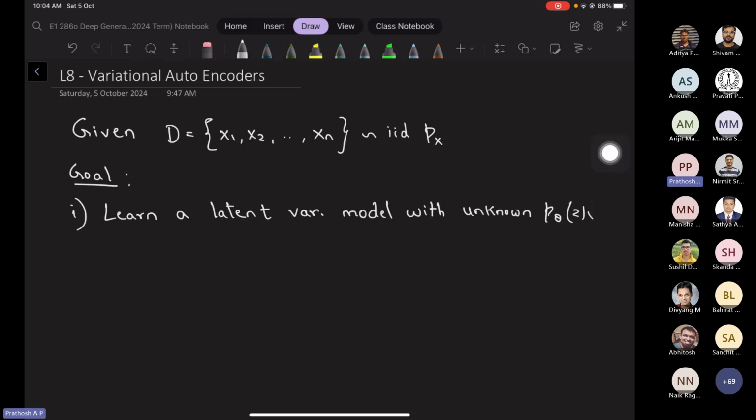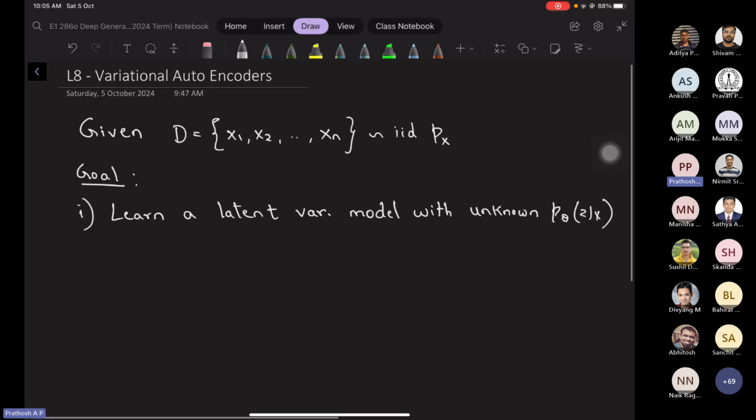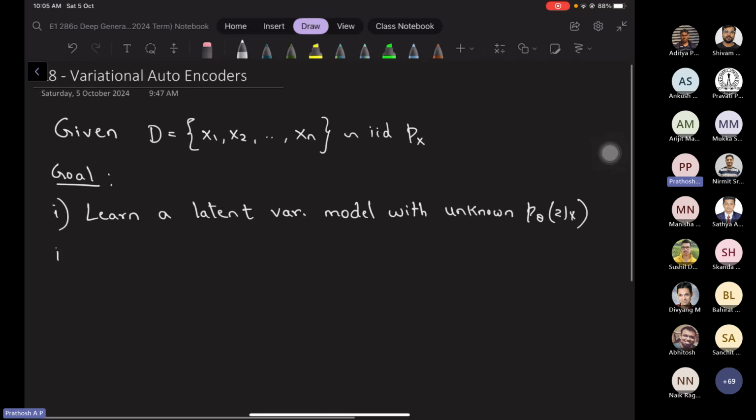This is what makes it different from EM. If you read the introduction of that paper, they say that because P theta of z given x is unknown, we want an alternative method. In fact, they explicitly say that EM cannot be used because we don't know what P theta of z given x is. That's the first goal.